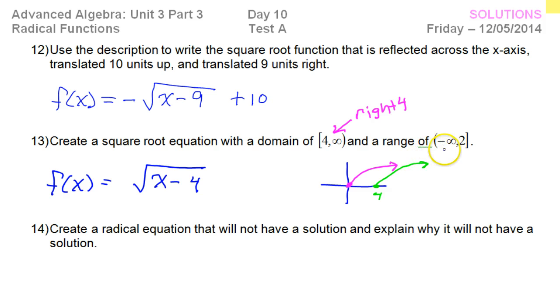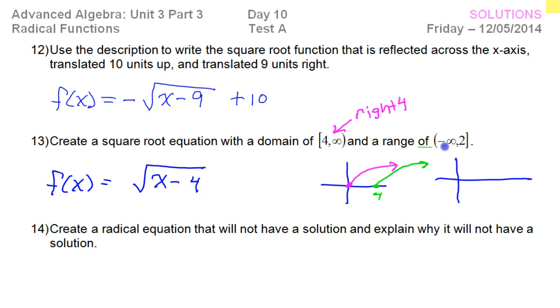So for the range to be negative infinity to 2, alright, so 2 things have to happen. So, this was not the actual graph. I was just focusing on the 4 to infinity part. This won't be the actual graph either, but I'm just going to focus on the range here.